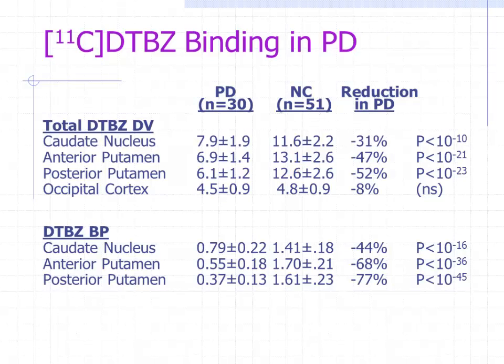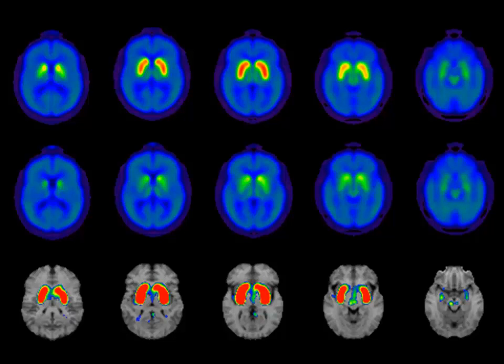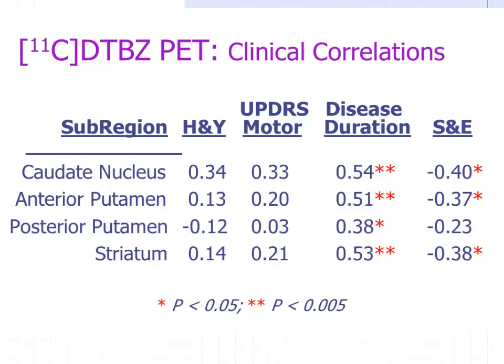And you can see that the occipital cortex, which we've used for a point of reference, actually goes down a little bit, but not significantly in Parkinson's disease, where there are highly significant reductions throughout the striatal complex in Parkinson's. And I've shown you these just previous, but the new information here is that there is actually a correlation between the severity of the lesion in Parkinson patients with some aspects of their clinical status.